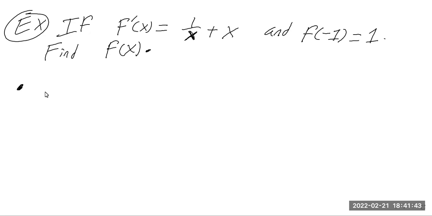The work in starting out to find that antiderivative is just like we do for the general case. Term by term, we have to think, what do I differentiate to get these terms? This is a standard derivative that should be familiar: if I take the derivative of the natural logarithm of the absolute value of x, I get 1 over x.